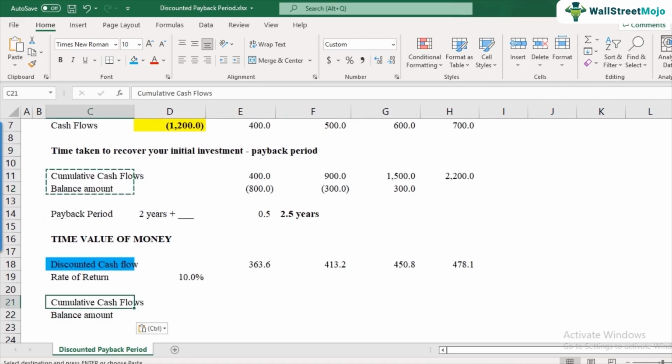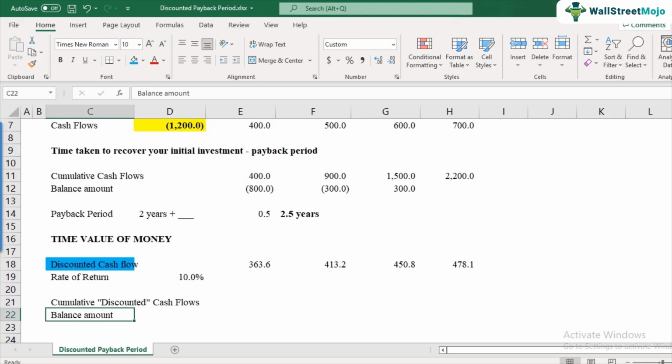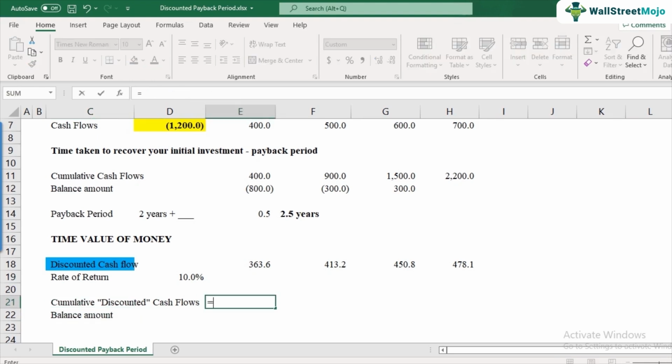Okay. So instead of cumulative cash flows, I will make it as cumulative discounted cash flows. Okay. So cumulative cash flows on one side, here it will be discounted cash flows cumulatively. Okay, so let's do that. Cumulatively, first year, we recover 363.6.